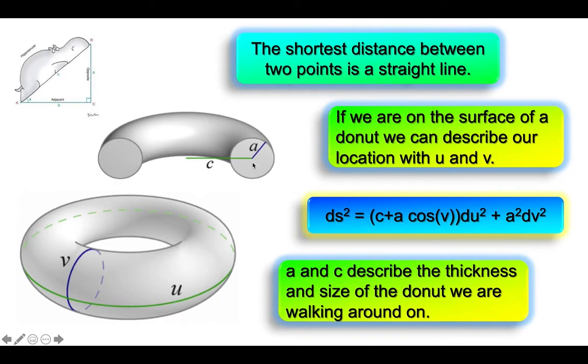Is it really skinny and small, or is it a nice thick donut? Now, U and V are actually our locations on the donut. Are you near the inside part of the donut, the outside, top or bottom? U could be where are you around the donut. So if we're restricted to walk around the surface of a donut, the separation between two nearby points on a donut will look something like this.